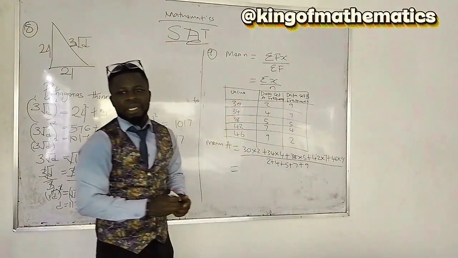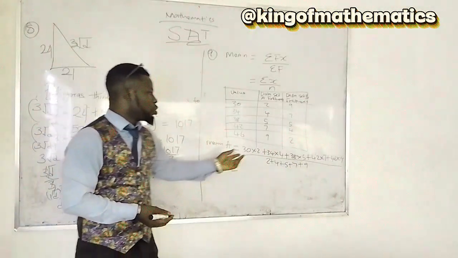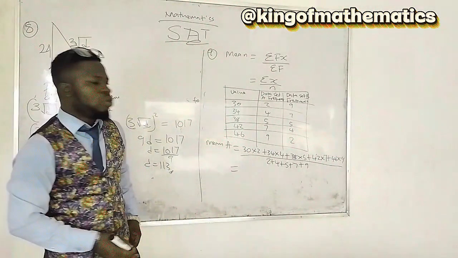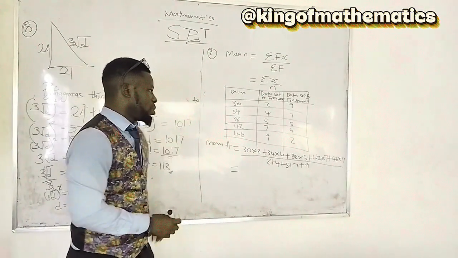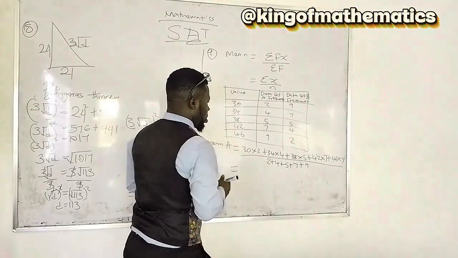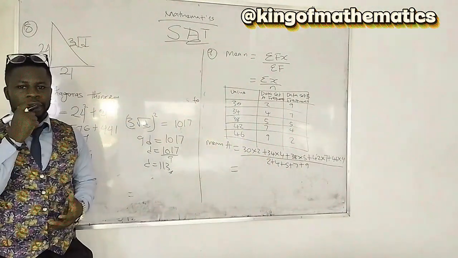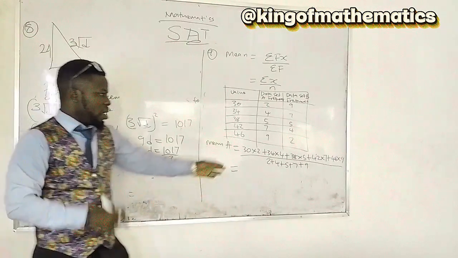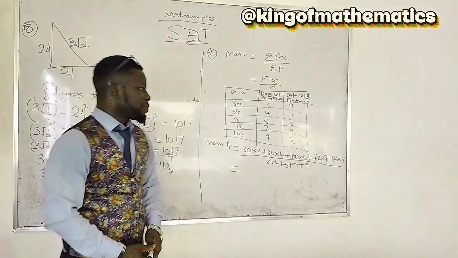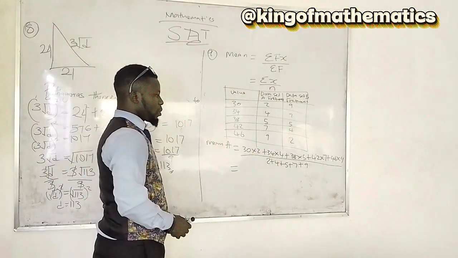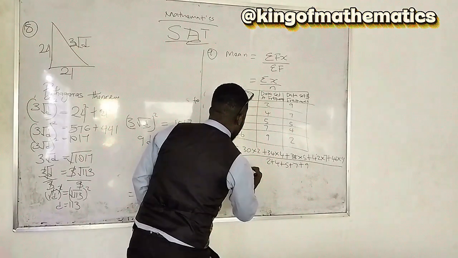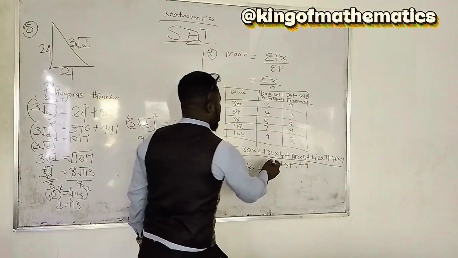If you do that, what is this going to give us? You use your calculator to find that. Let's just do it gradually. 30 times 2 is 60.